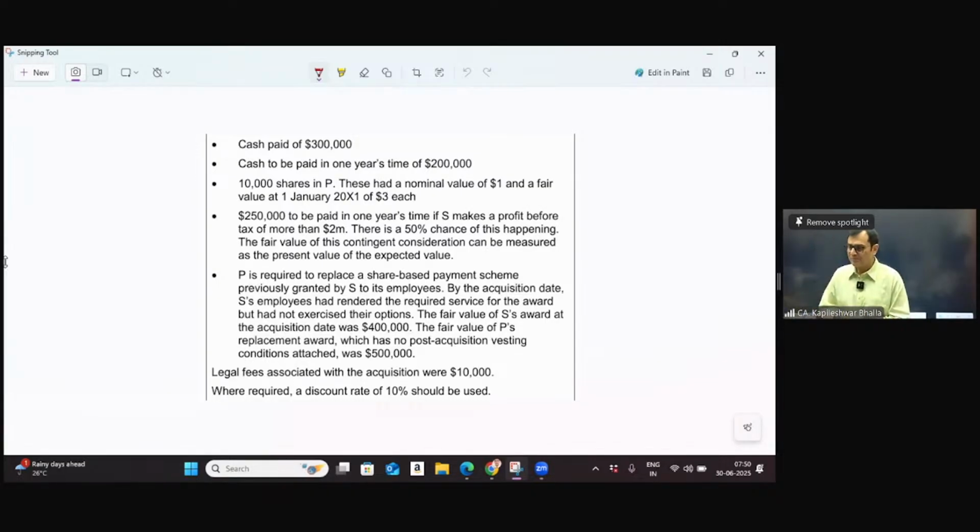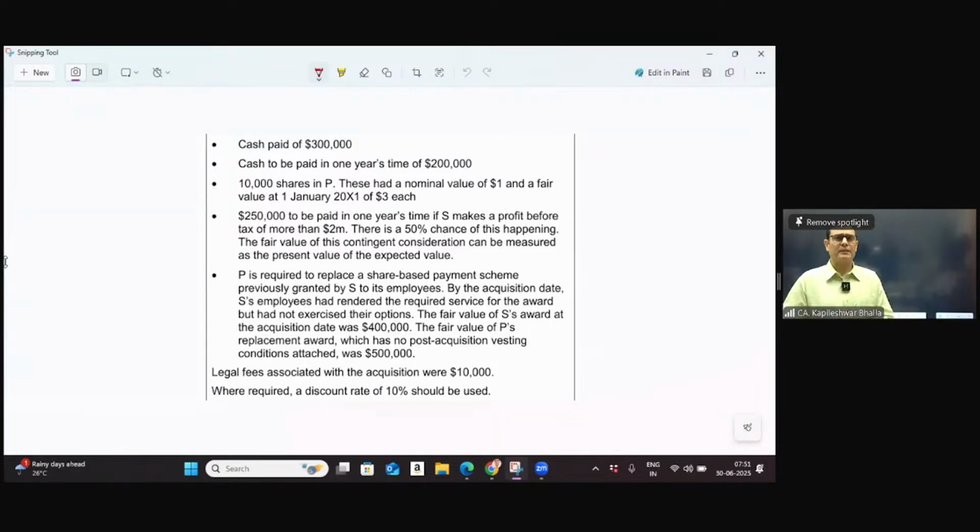Okay, that's great. Then he says P is required to replace a share-based payment. Is it mandatory or is it no replacement or is it optional? P is required. Mandatory. Because the replacement is there. That's correct. So then he says by the acquisition date, S employees had rendered the required service for the award but had not exercised the option.